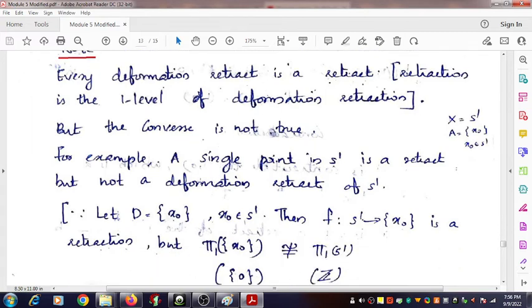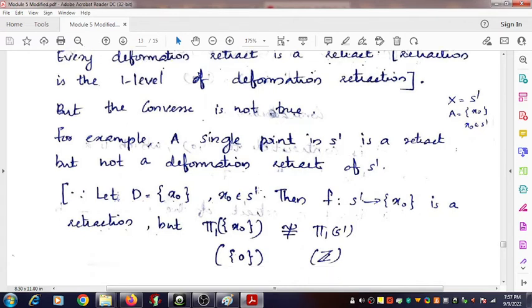To prove this, we can consider the case of S1 and a single point which is present in S1. For convenience, let's take the single point as x0.